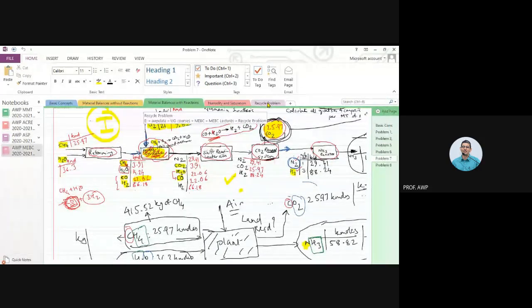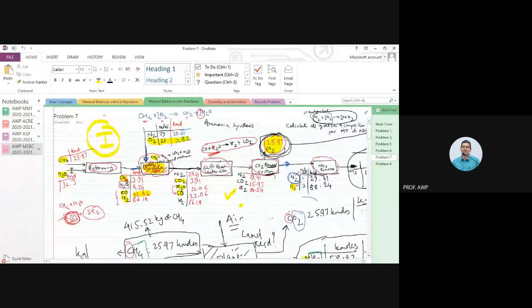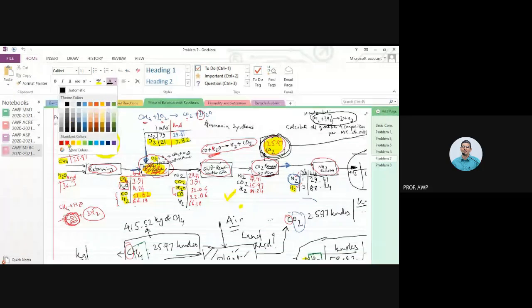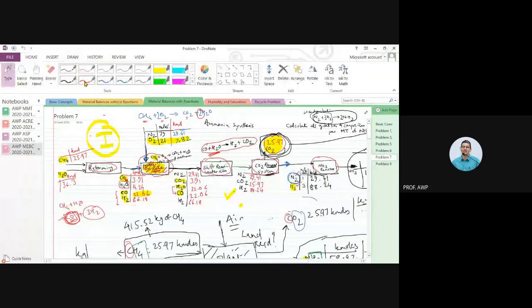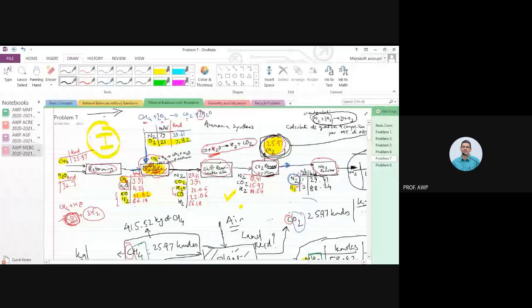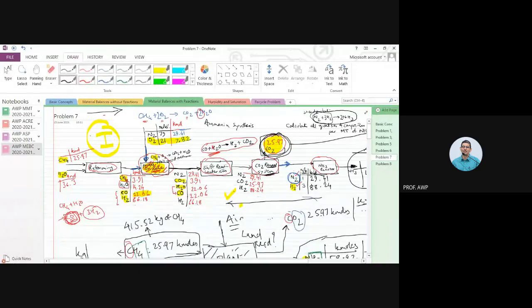All of these problems, you could either solve from the front, that is the left end, the raw materials end, and go all the way up to the product end. Or you could take a basis of 1 kilogram or 1 mole of ammonia and work your way backwards, from right to left, from the product end up to the raw materials end.